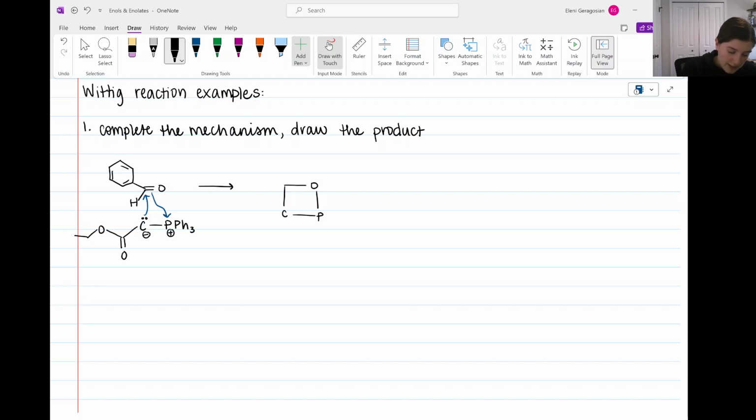The carbon in the top left corner, that was the aldehyde carbon, so that's still bonded to a hydrogen and a phenyl ring. The carbon in the bottom left corner of the 4-membered ring was bonded to that ester group.